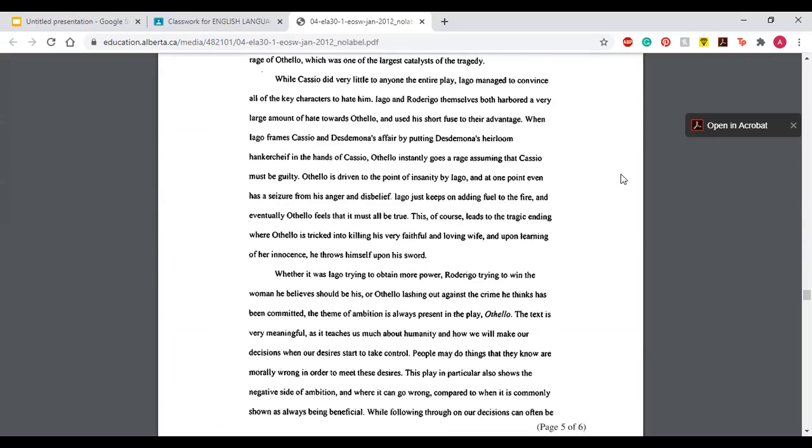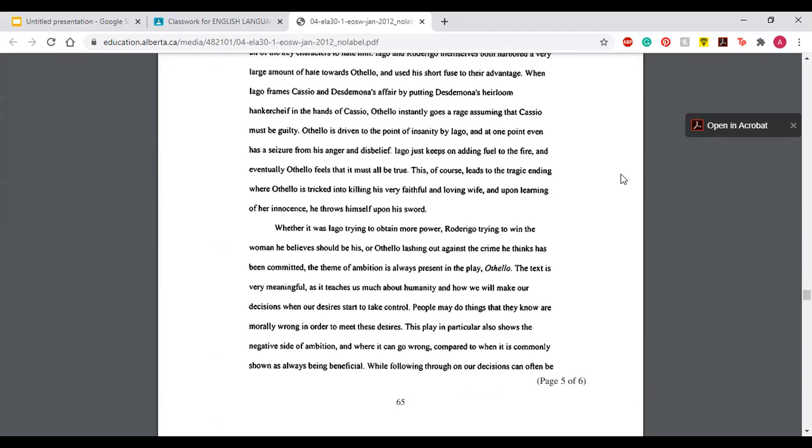Then we go to their conclusion, which they also do not have a good brute phrase thesis, but it has their three main arguments. So right here, people may do things that they know are morally wrong in order to meet these desires.